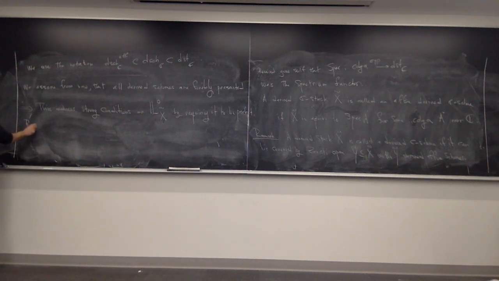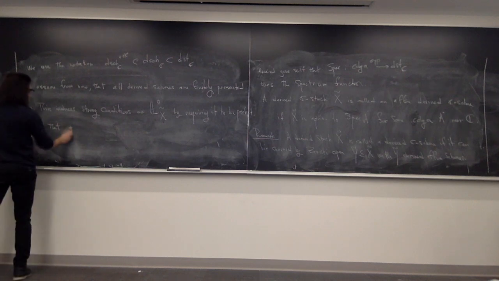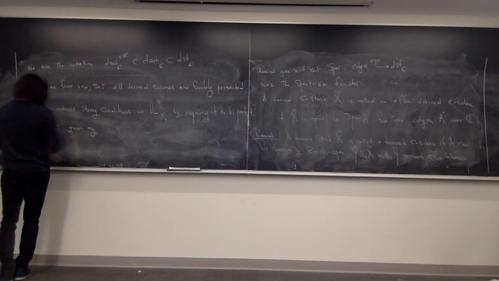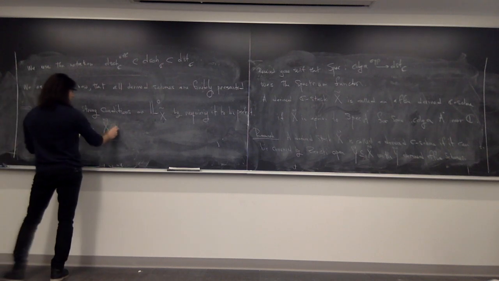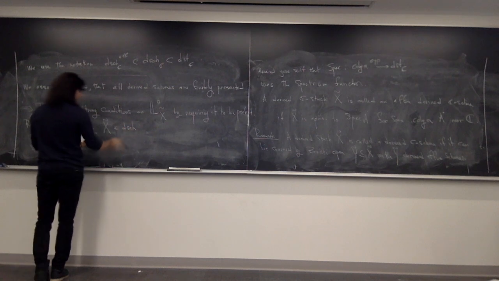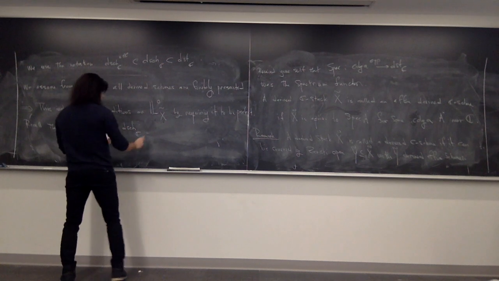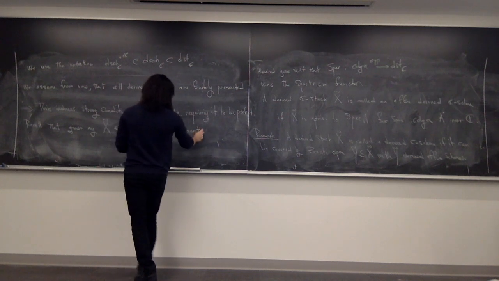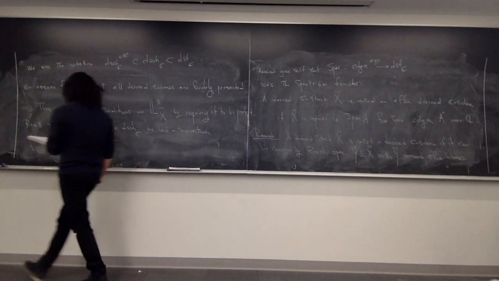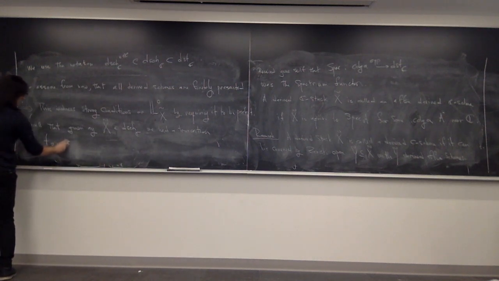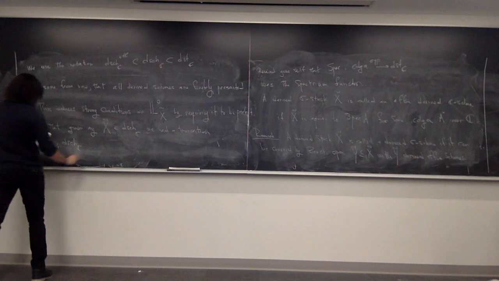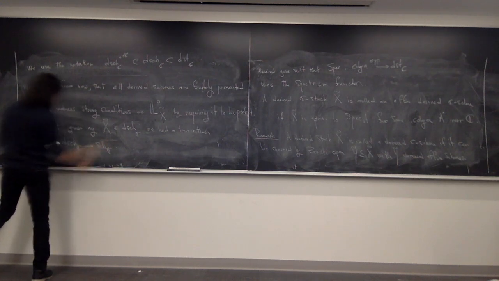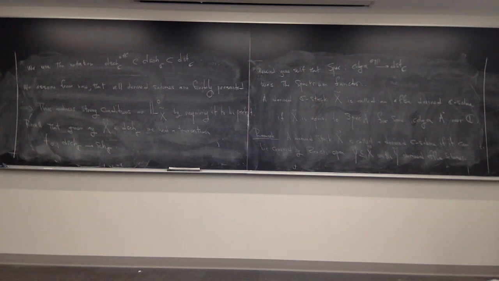Recall that given any X tilde in this category of derived schemes over C, we had a truncation from the category of derived schemes over C to the category of only regular schemes over C. That's our truncation T0.